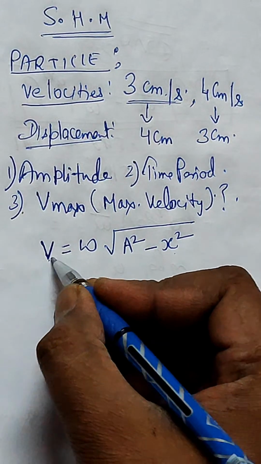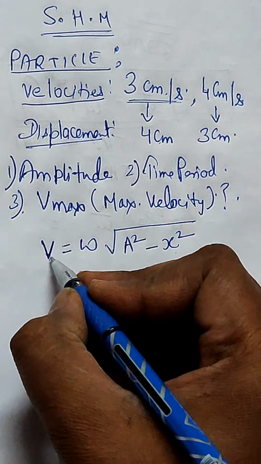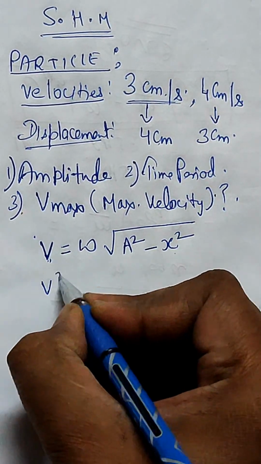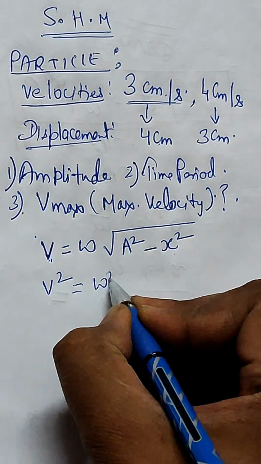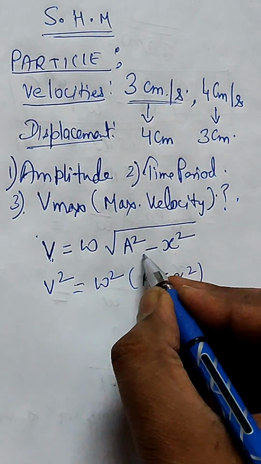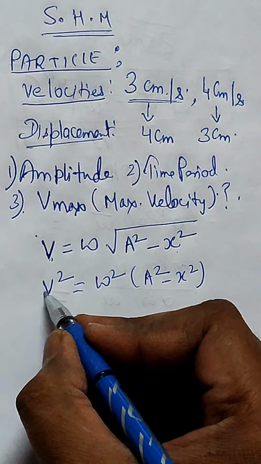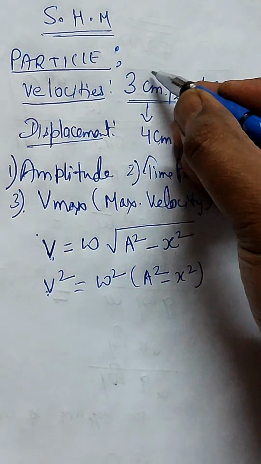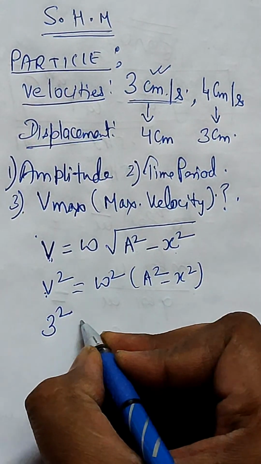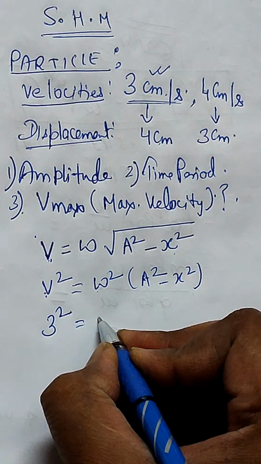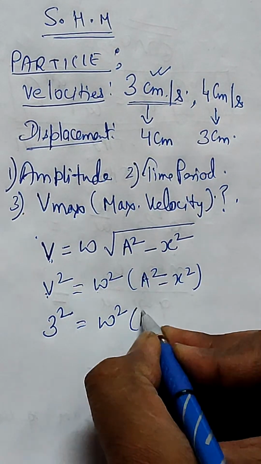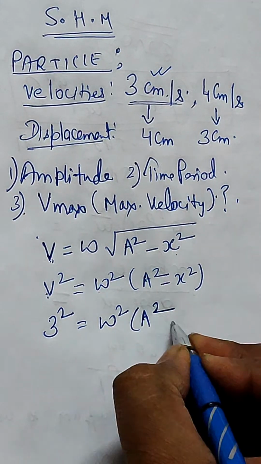Squaring both sides, it will be written as v square equal to omega square into a square minus x square. This root will be eliminated. Now when the velocity is 3 centimeter per second, it will be 3 square equal to omega square into a square minus x square, where a is the amplitude, which is not known to us.